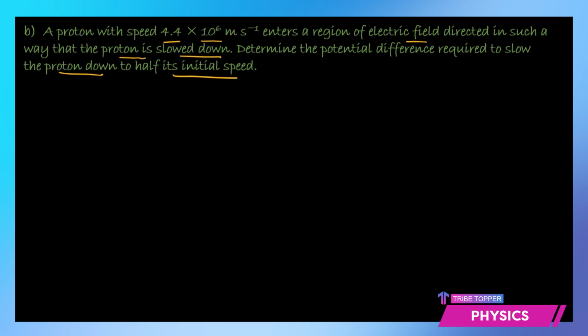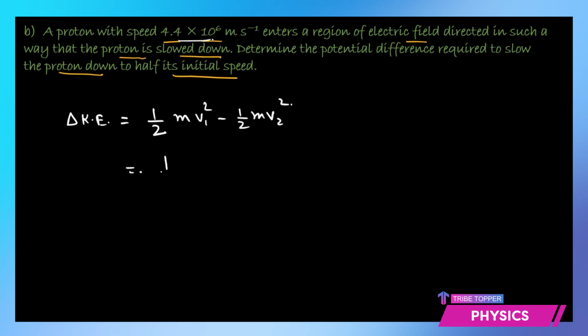So how much is going to be the change in kinetic energy when the proton slows down? Initially it would be higher, so we'll take half mv1 squared minus half mv2 squared. Otherwise we'll just get it as negative, because energy would be lost.